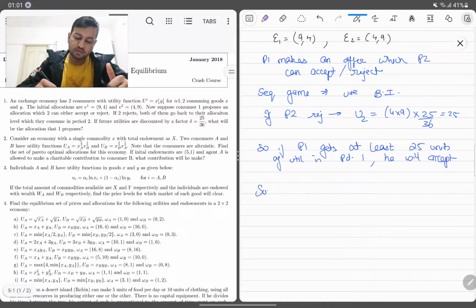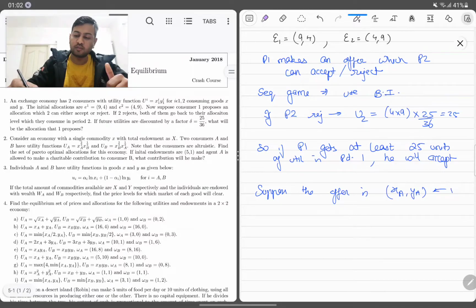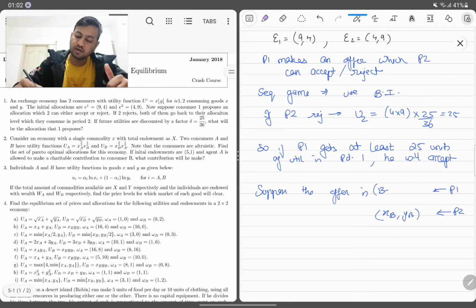Suppose the offer is xa comma ya for person 1, and what does the other person get? The other person gets 13 minus xa comma 13 minus ya for person 2. Okay, so here the aim is that, rather, let's do one thing: give person 2 xb comma yb, and person 1 gets 13 minus xb comma 13 minus yb.